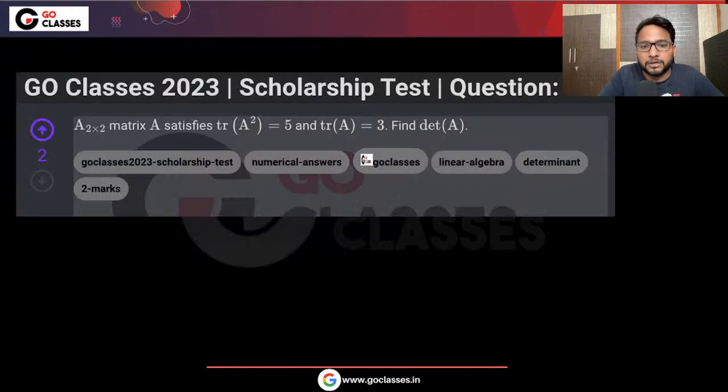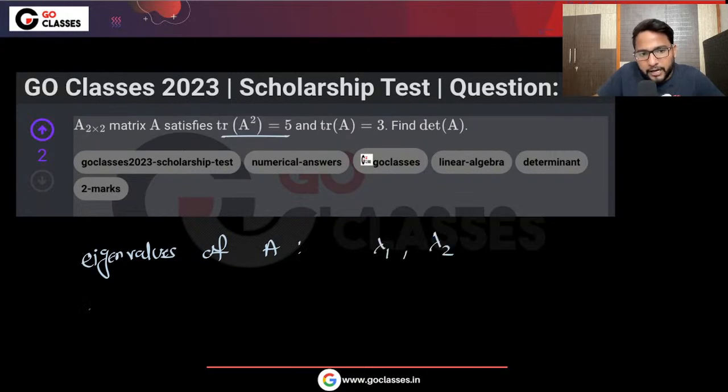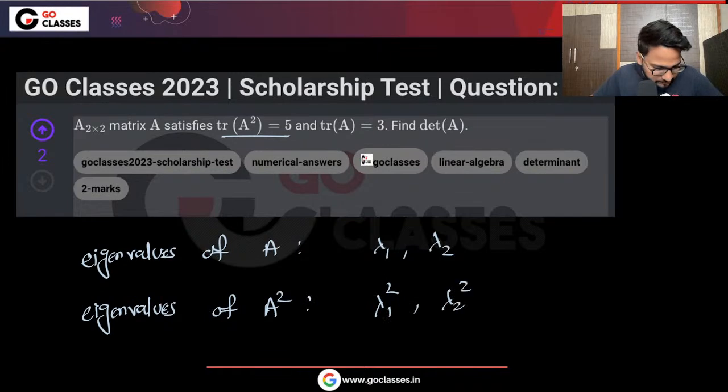Now let's talk about question number 13. What they're saying is that A is a matrix where the trace of A square is 5. If the eigenvalues of A are lambda 1 and lambda 2, then the eigenvalues of A square are lambda 1 square and lambda 2 square, isn't it?